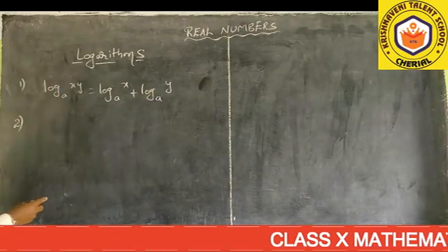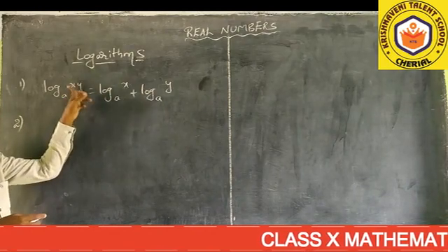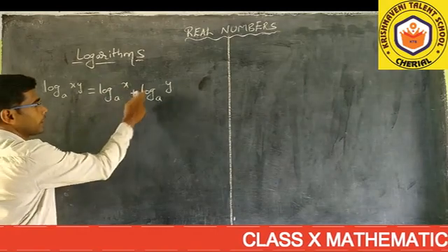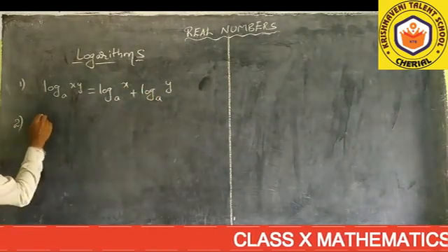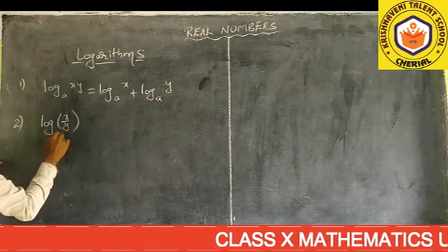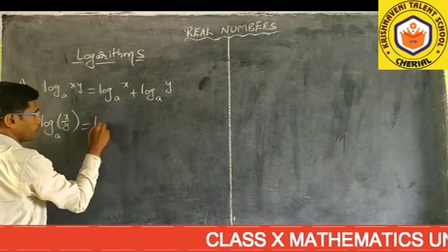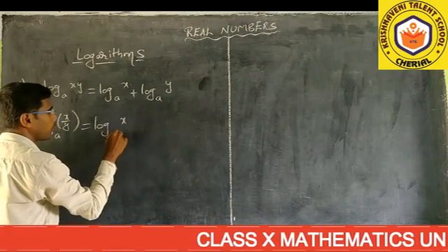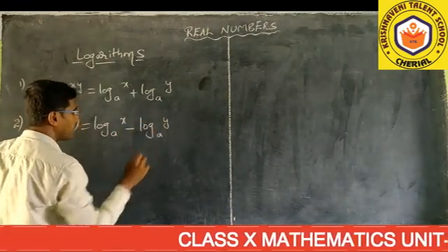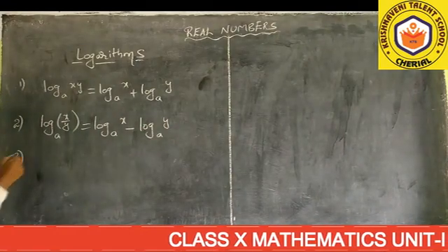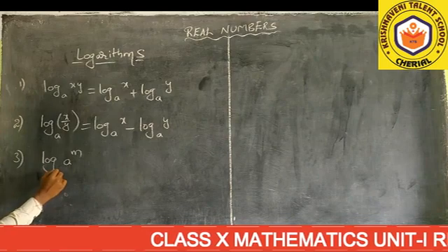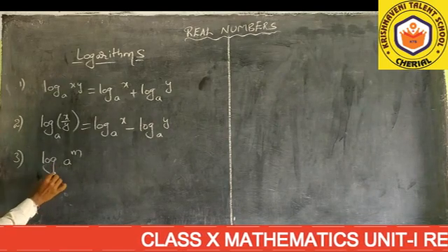Second law, log x by y to the base a equals log x to the base a minus log y to the base a.